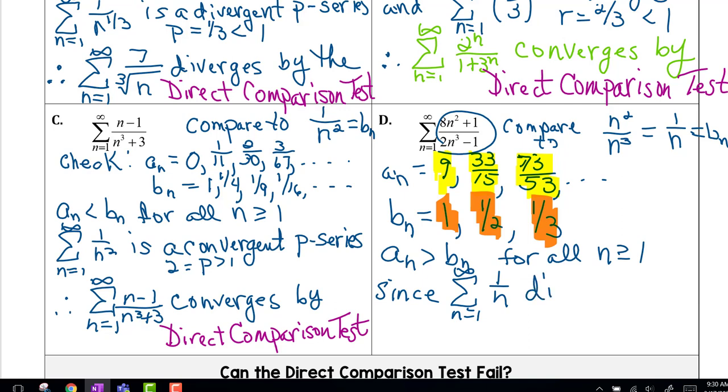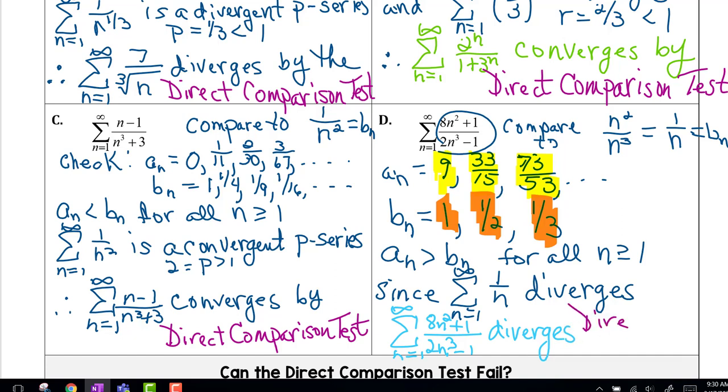And we know that the harmonic series diverges. Then we can say that our given series diverges, and that is by the direct comparison test again.